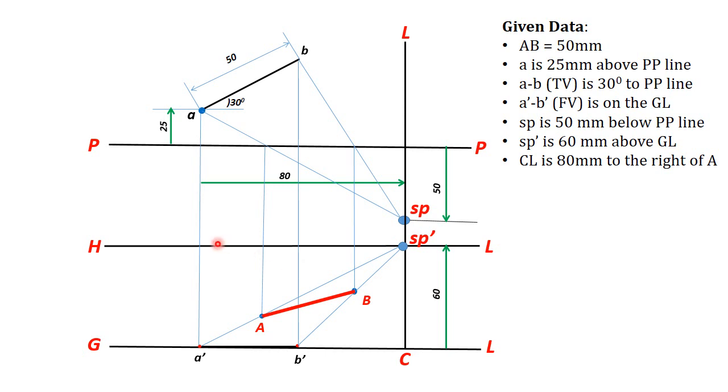You can draw the PP line, HL line and GL line, also the CL line, with dark lines, and the rest of all the lines, dimension lines, visual ray lines, the front view and top view of the object, dimensions, everything should be light, and only the perspective view should be with the dark line.